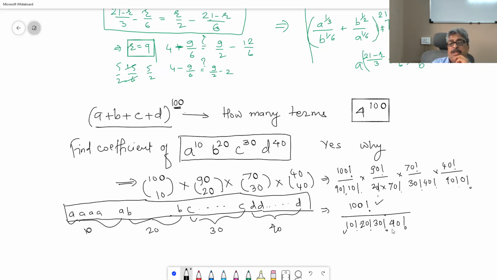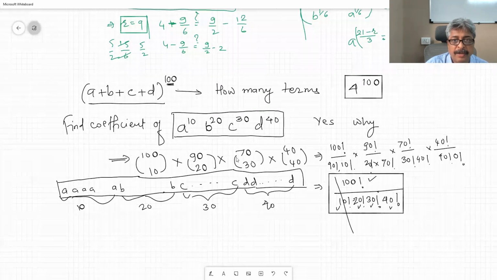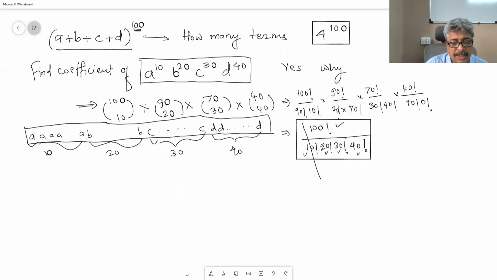Repetition of b, 20 factorial. Repetition of c, 30 factorial. Repetition of d, 40 factorial. Therefore, this is going to be the coefficient. Do you understand?